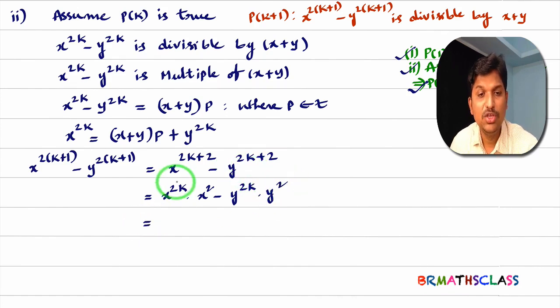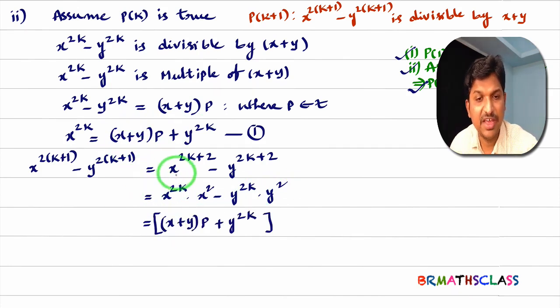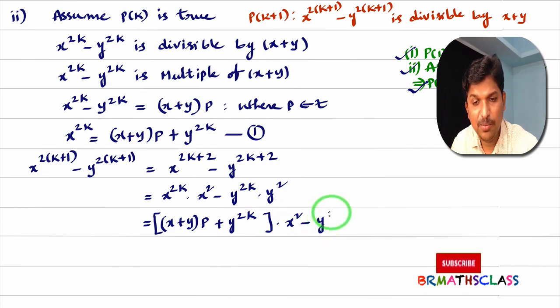Now you observe here, x power 2k is there. So in this expression, in place of x power 2k, I will write this. See here, in place of x power 2k, I have written x plus y into p plus y power 2k into x square minus y power 2k into y square.